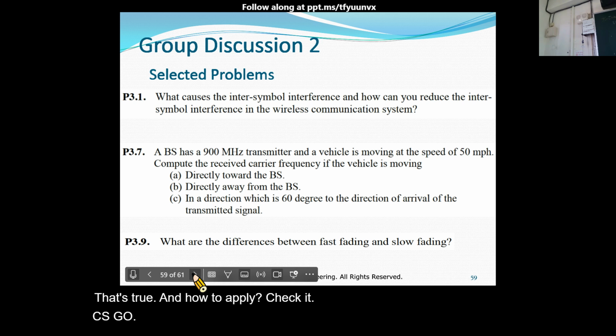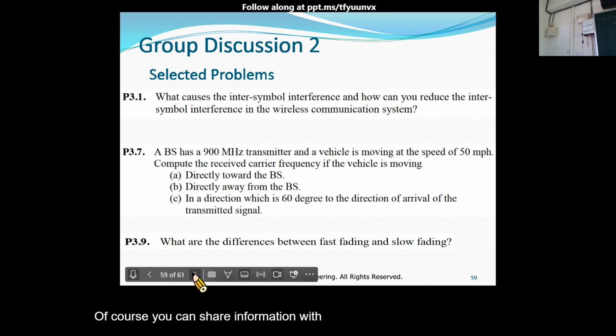Yes, of course, you can share information with your teammates. So I think you know where to find the formula, right? Fine. So for the others, you should find the proper definition. Okay, go and check it.